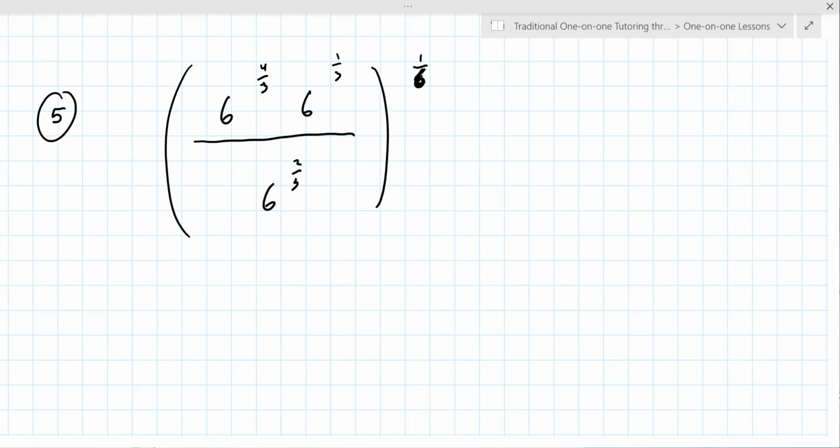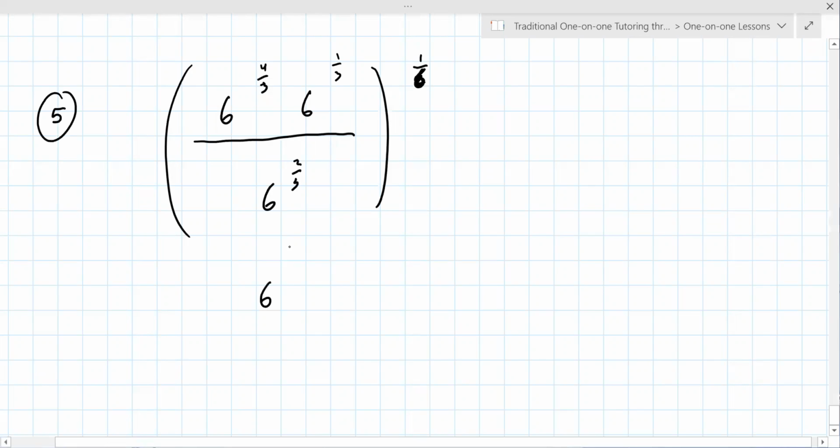All right, I'm back. How are you doing on this one? I got confused. Okay, so let's look at the numerator.